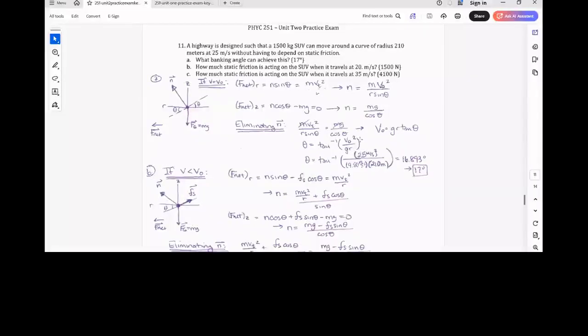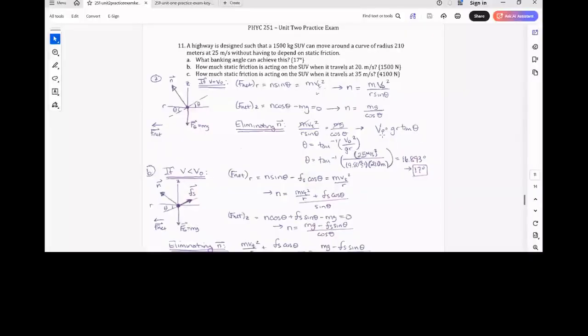I can set these equal to one another, and I find that the mass of the SUV cancels out here. So this banking angle wouldn't be appropriate only for cars that have that specific mass, but for any car that's traveling at the given speed and traveling around a curve that has this given radius. I can cross multiply here and again recognize that the v tangential that I'm looking for is specifically this critical speed, v0.